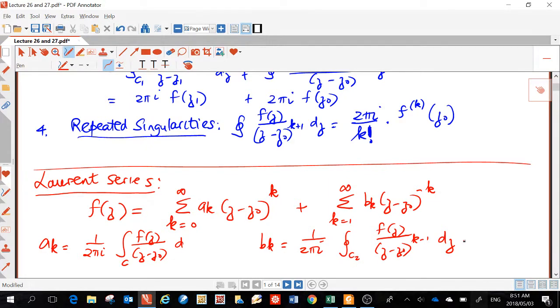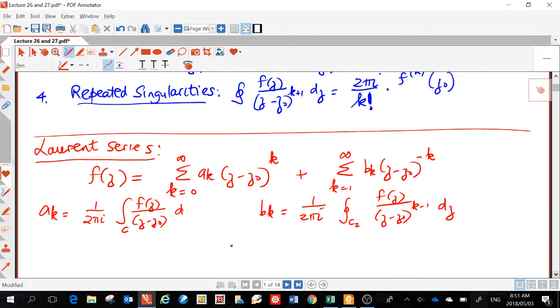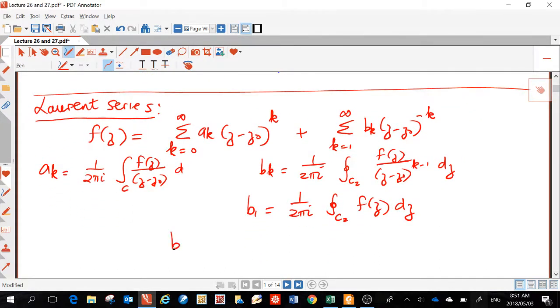So the significant coefficient is b_1, that is 1 over 2 pi i, the line integral over C2 of simply f of z dz. And then we said b_1 is called the residue.